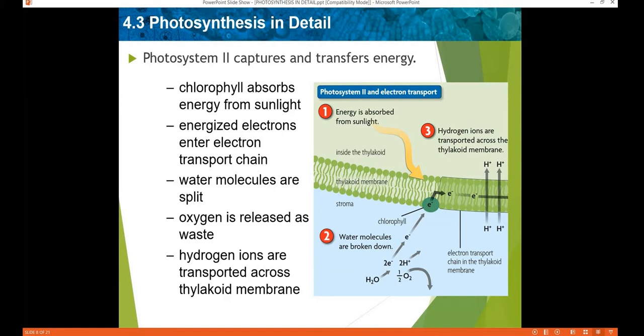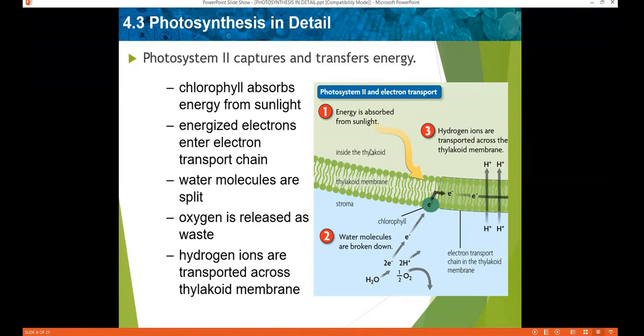In photosystem 2, the chlorophyll and other light absorbing molecules are in the thylakoid membrane. They absorb energy from the sunlight. The energy is transferred to electrons. Photosystem 2 needs water to function. In step 1, the energy is absorbed from the sunlight, as you can see in this picture here.